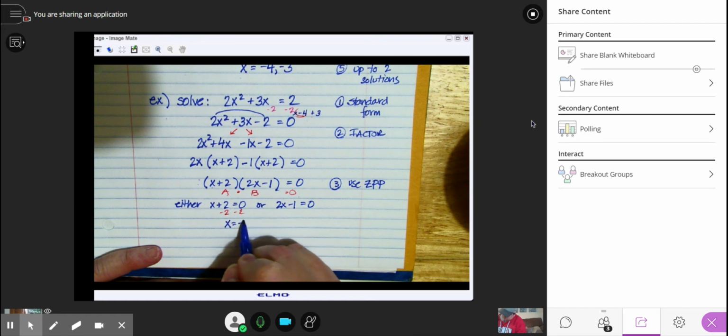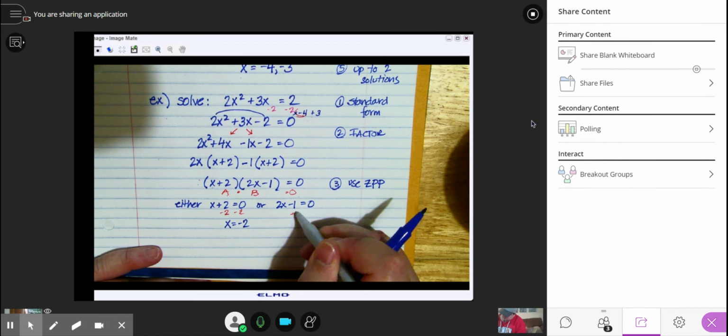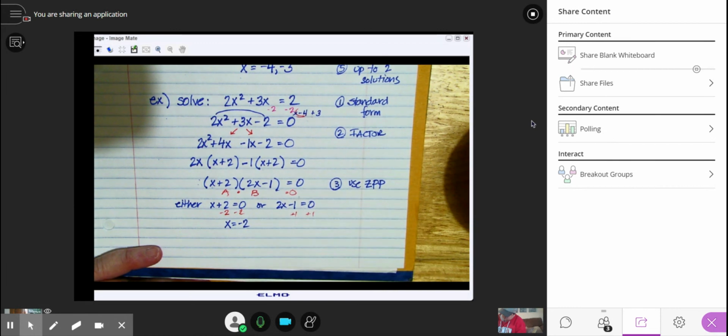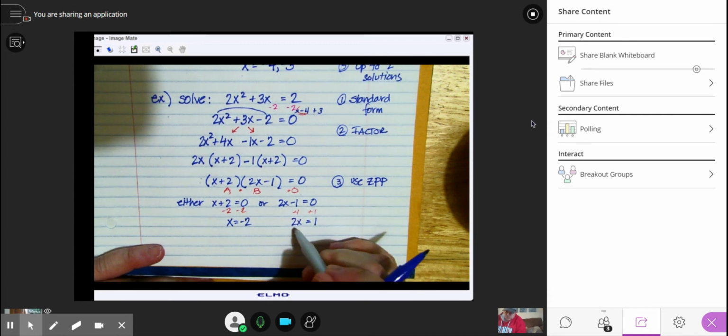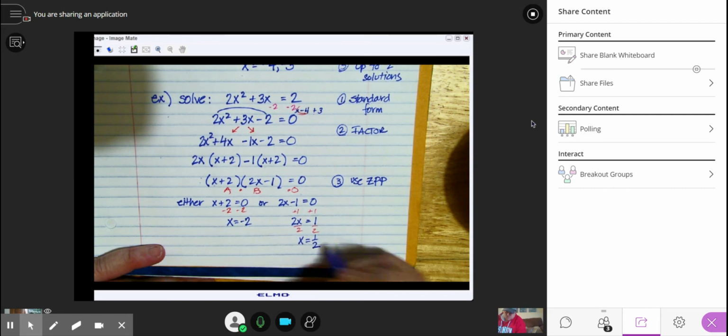So x equals negative 2. 2x is 1, so x is 1/2.